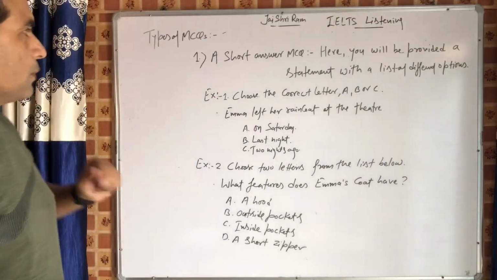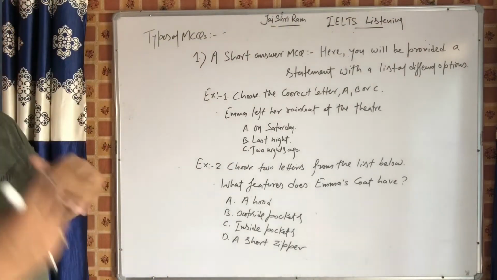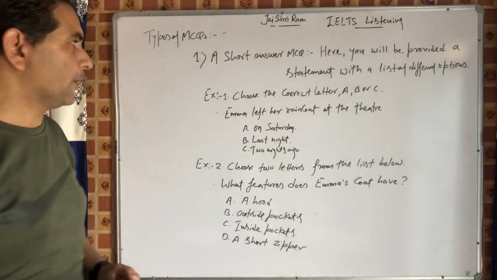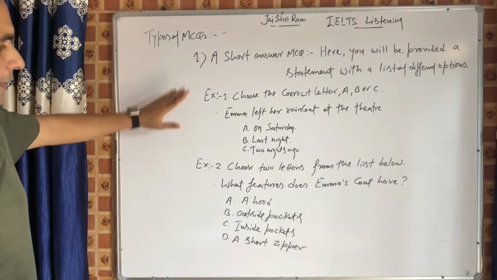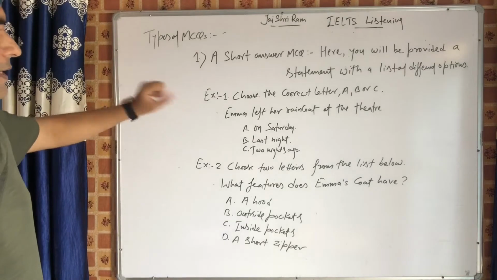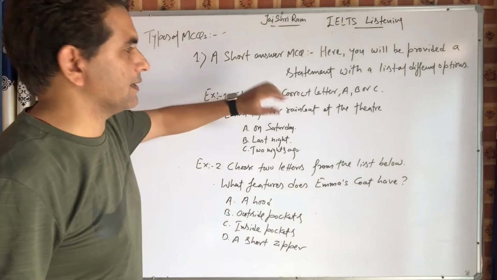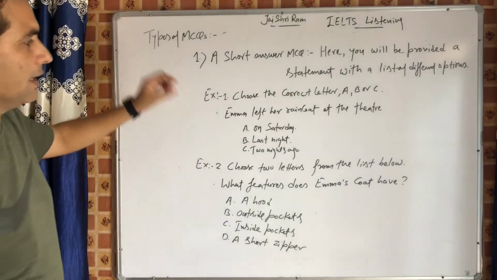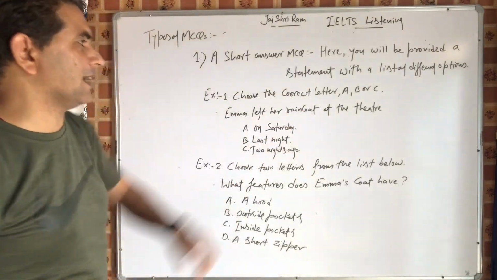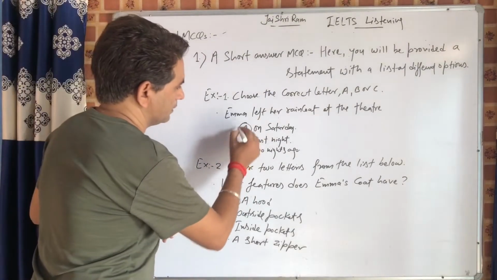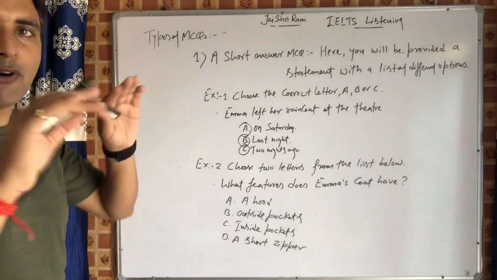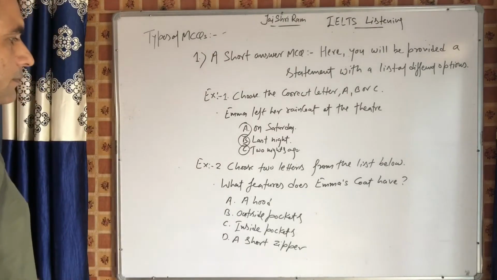The first one is the short answer MCQ, and here you will be provided a statement with a list of different options. I have given 2 examples. First we will talk about the first example. You can see: choose the correct letter A, B or C. Emma left her raincoat at the theatre. So here you need to choose the correct letter A, B or C. You can pick any one according to the information.